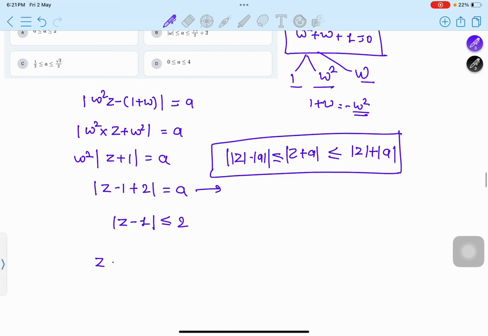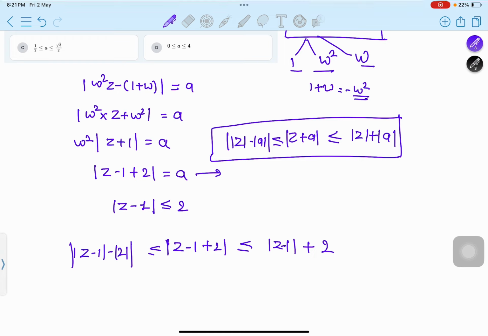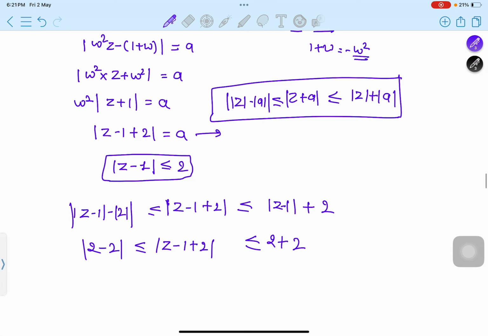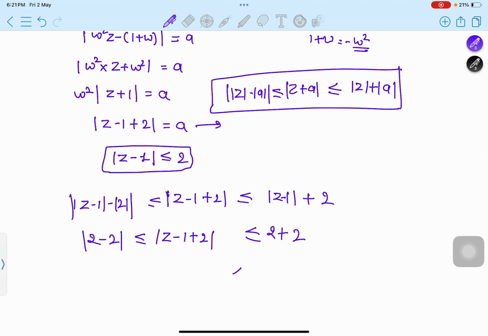So |z − 1| is one modulus and 2 is the other modulus. |z − 1 + 2| is less than or equal to |z − 1| + 2, and greater than or equal to |z − 1| − 2, which is the inequality condition. Given |z − 1| ≤ 2, we get 2 + 2 = 4 and 2 − 2 = 0.